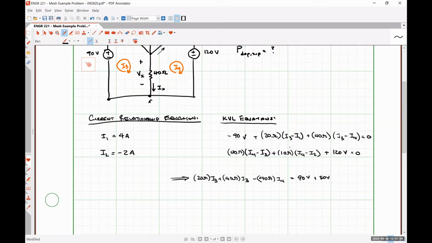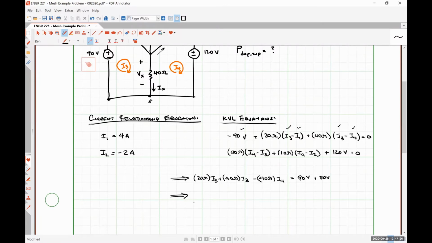And let's see, I don't have an I2 in there, so I've taken care of this guy, this guy, this guy, this guy, and this guy. So that's all of the different pieces. And we could simplify that further if we needed to, but the calculator will take care of everything for us.